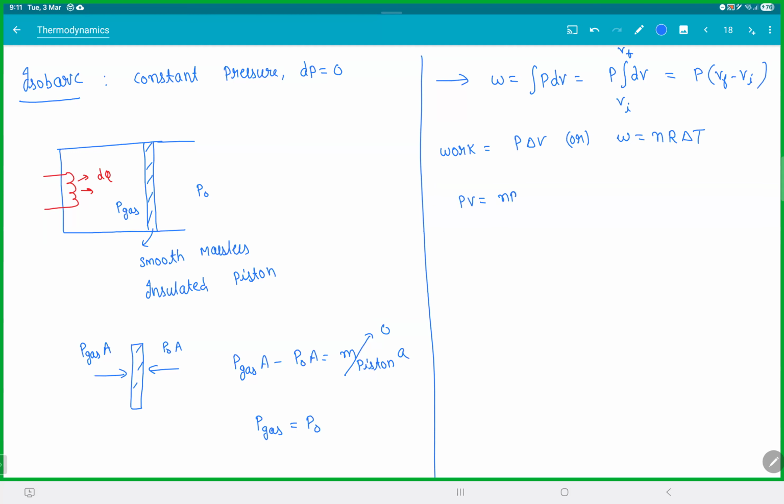We know PV is equal to nRT. Differentiate on both sides. So the differential will be PdV plus VdP is equal to nRdT. But since the pressure is constant, this term is 0. So you end up with PdV equal to nRdT.